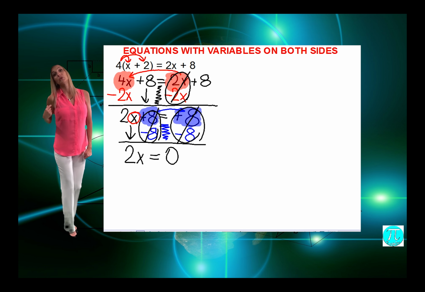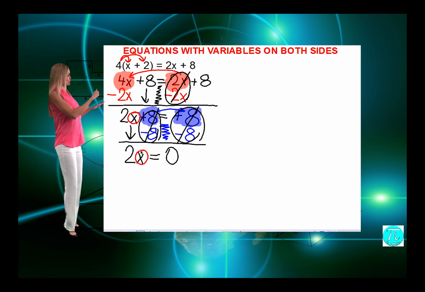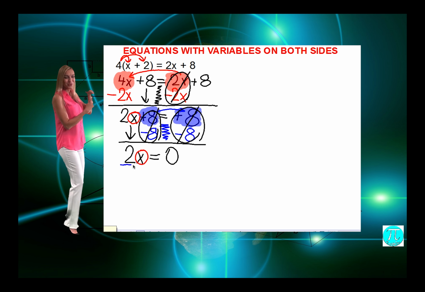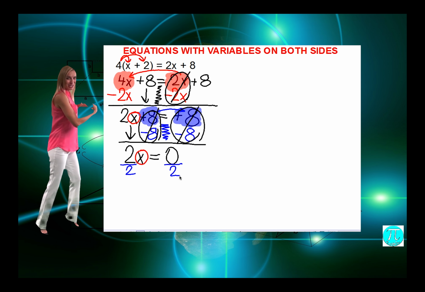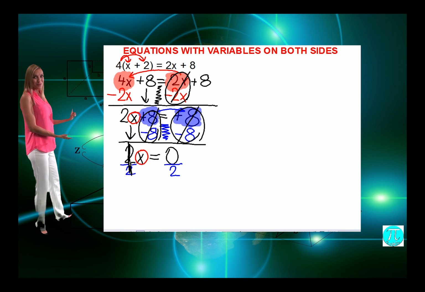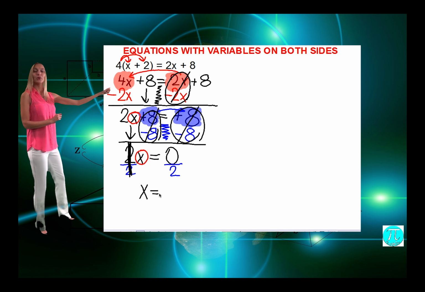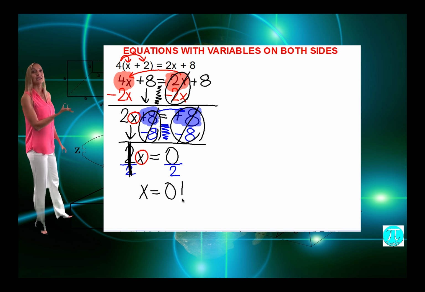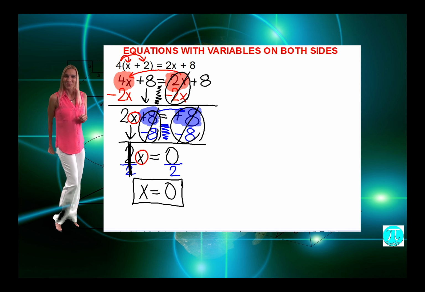Well, I don't want to know what 2x is. I want to know what 1x is, right? So the 2 has to become 1. So I'm going to divide it by itself. Both sides, right? Equation. 2 divided by 2 is 1. So we're left with 1x equals 0 divided by 2 is a 0. So we're saying that x is equal to 0.